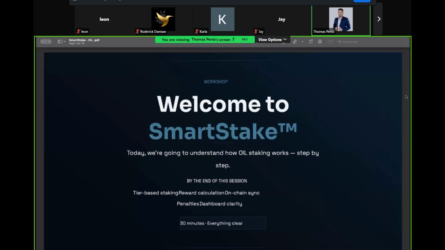All right. So as I said, today we are going to walk through SmartStake in a very simple and structured way. My goal here is not to explain how it works, but to make sure that by the end of this workshop, you actually feel comfortable using SmartStake, because staking can sometimes feel technical, but in reality, the logic behind it is very intuitive once you understand the mechanics.